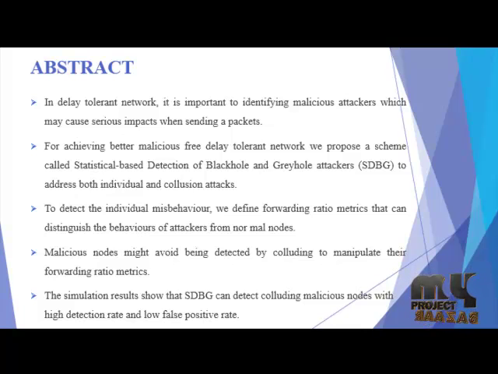Malicious nodes might avoid being detected by colluding to manipulate the forwarding ratio matrix. To continuously drop messages and promote the matrix at the same time, attackers need to create fake encounter records frequently and with a high forged number of sent messages.